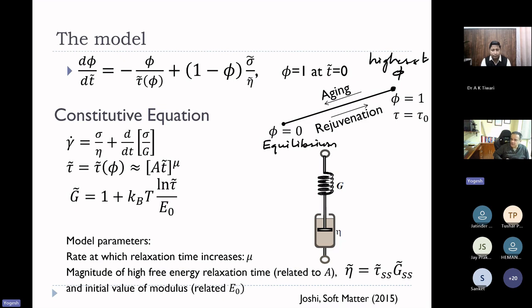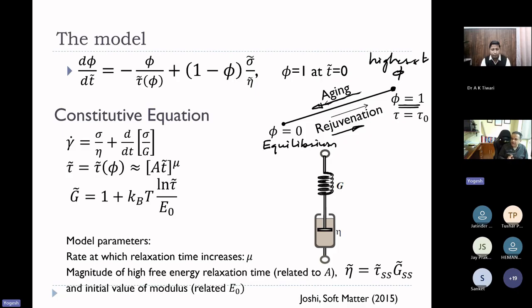What did we say as aging? Aging is that phenomenon by which free energy continuously decreases as a function of time. So this is the aging phenomenon by which phi decreases from 1 to 0, while under shear, free energy increases from 0 to 1.